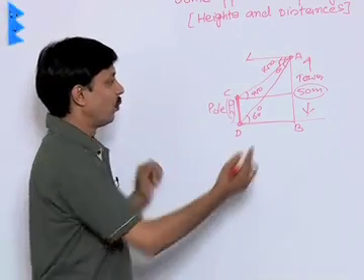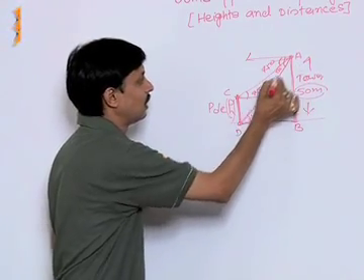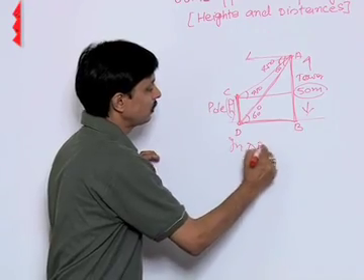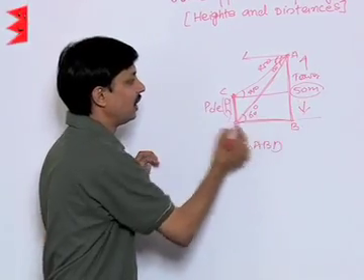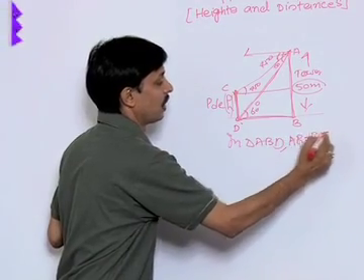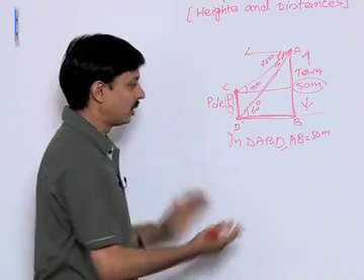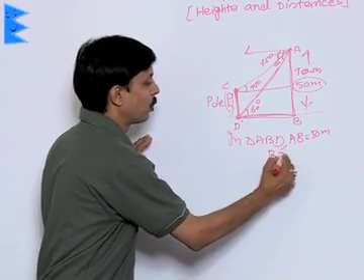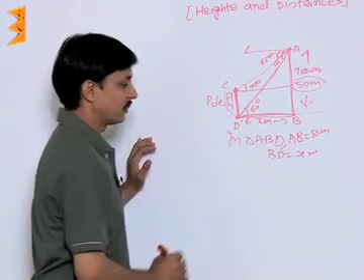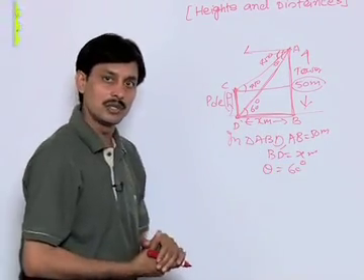First of all, triangle ABD is a right triangle. In triangle ABD, AB is how much? 50 meters. Suppose BD I want to calculate, so BD is supposed as x meters. Theta here for this triangle is given 60 degree.